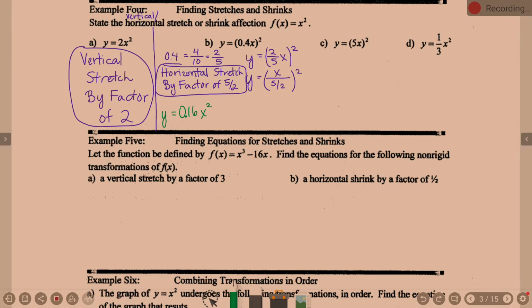There's a number multiplied out front, which puts us in the vertical category. That number out front is less than 1, so it's a vertical shrink by a factor of 16/100.